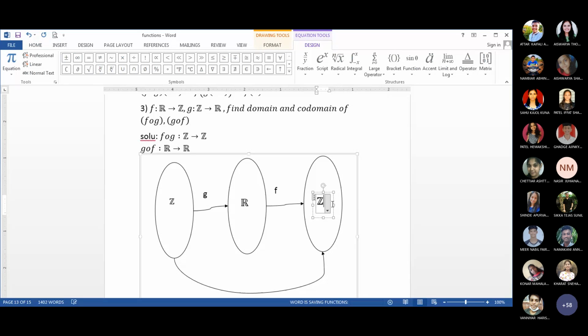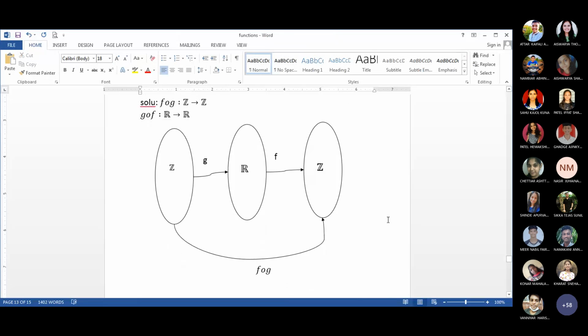Okay, now see, g is a function from Z to R, f is a function from R to Z. So f composed with g will be a function from Z to Z. Okay.